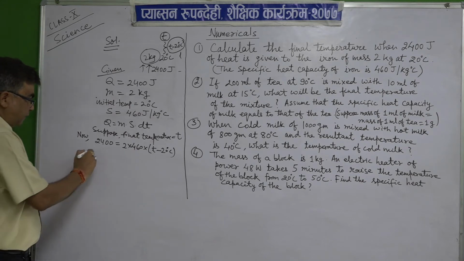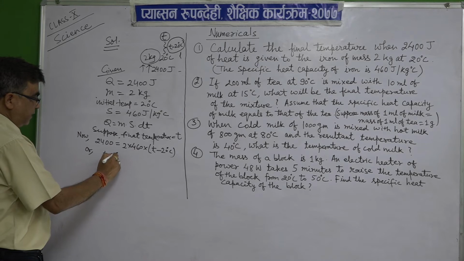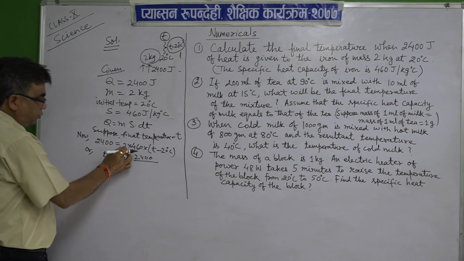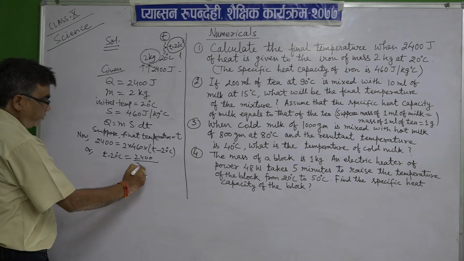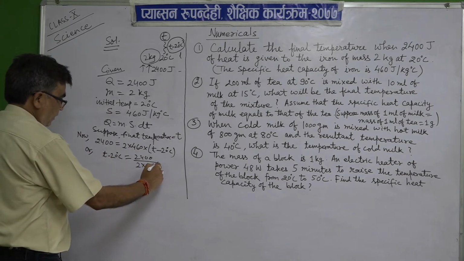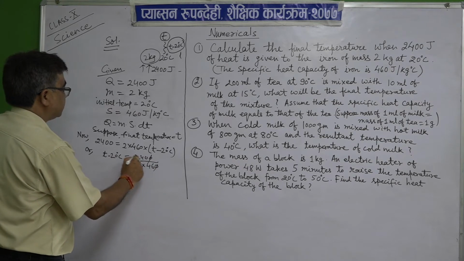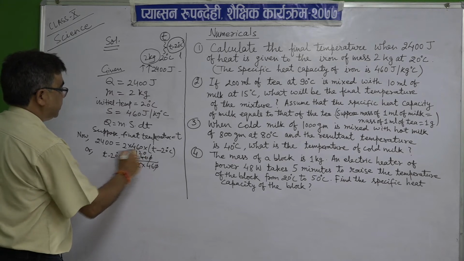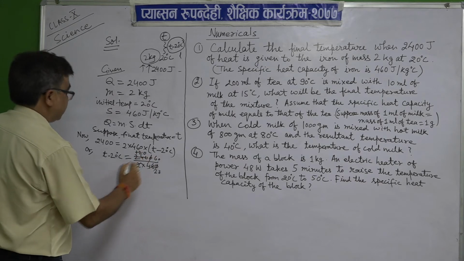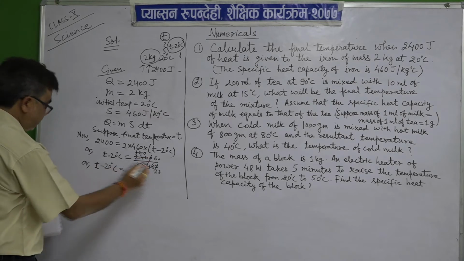Very simple calculation, look. Or directly you can write T minus 20 degree centigrade equals 2400 over 2 into 460, as 2 into 460 comes to the denominator. Clear? If you cancel the zeros, 2 into 2 is 4, so it becomes 60 upon 23. T minus 20 degree centigrade equals 60 upon 23.